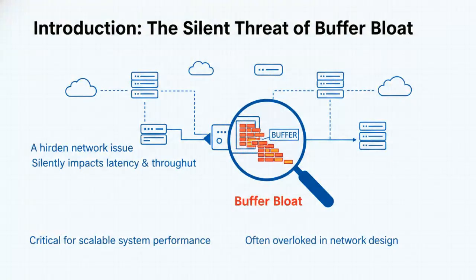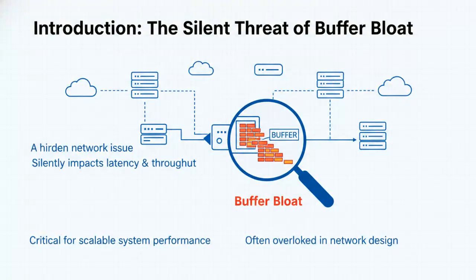At its core, buffer bloat refers to the excessive buffering of packets in network devices, such as routers, switches, and even operating system network stacks. While buffers are essential to absorb traffic bursts and prevent packet loss during temporary congestion, overly large or poorly managed buffers can lead to a phenomenon where queues grow excessively long, causing packets to spend unnecessary time waiting to be transmitted.